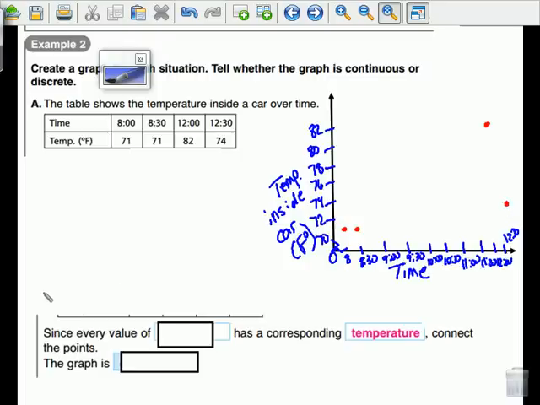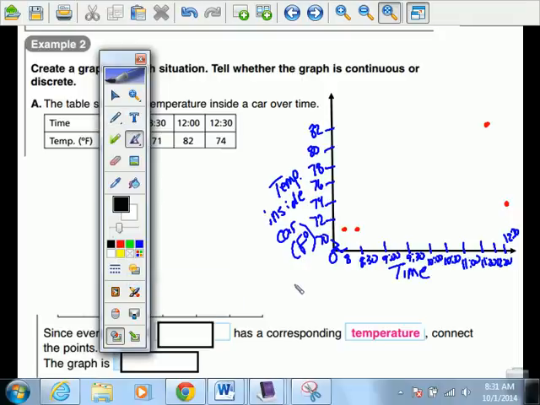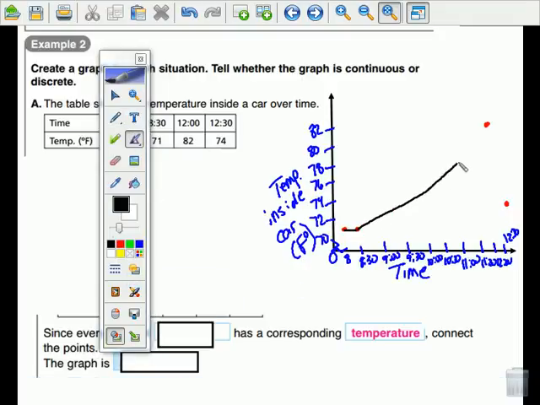And we have to decide if this is continuous or discrete. If it's continuous, it means that we would go ahead and connect, which means that there's going to be temperatures at different times of the day. If it was discrete, then it means that there's only a temperature inside the car at 8 o'clock, 8:30, 12 o'clock, and 12:30. So this one is actually going to be continuous, because we know that you still have a temperature at all these different times. So we're going to go ahead and connect the points.